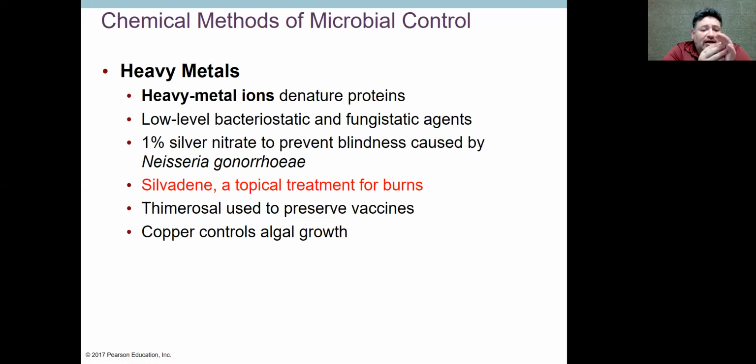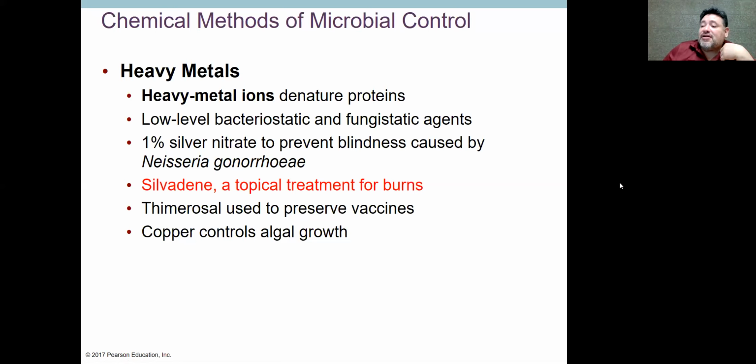Heavy metals, you guys just wrote a summary dealing with this. This is why you had to write this summary, because we're dealing with this chapter on microbial control and heavy metals. We were talking about using heavy metals prophylactically in order to save the eyesight of infants from mothers that happen to have N. gonorrhoeae, or gonorrhea.